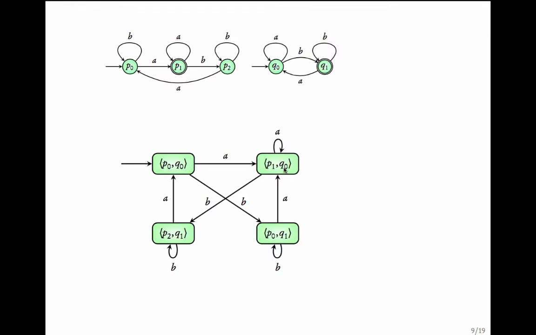From P1, Q0, P1 on an A stays in P1 and Q0 on an A stays at Q0, so you have this loop. Similarly, on a B, P1 goes to P2 and Q0 goes to Q1, so you have this transition. If you have a look at it, you will be able to recall the synchronous product that we saw in the last unit.